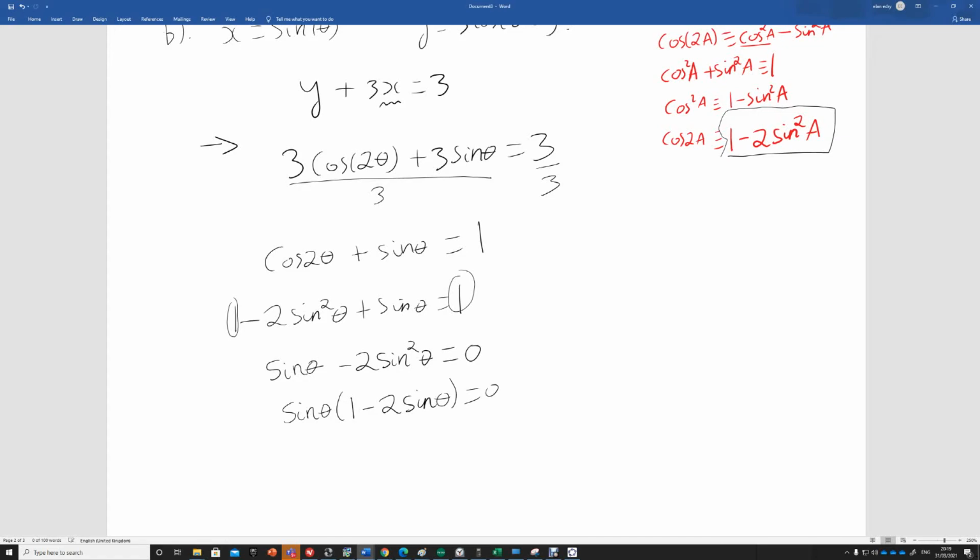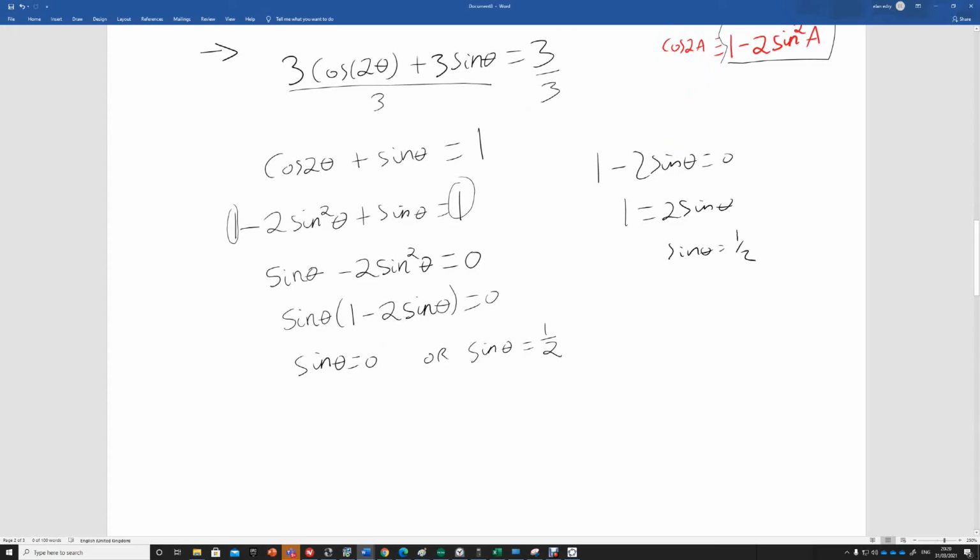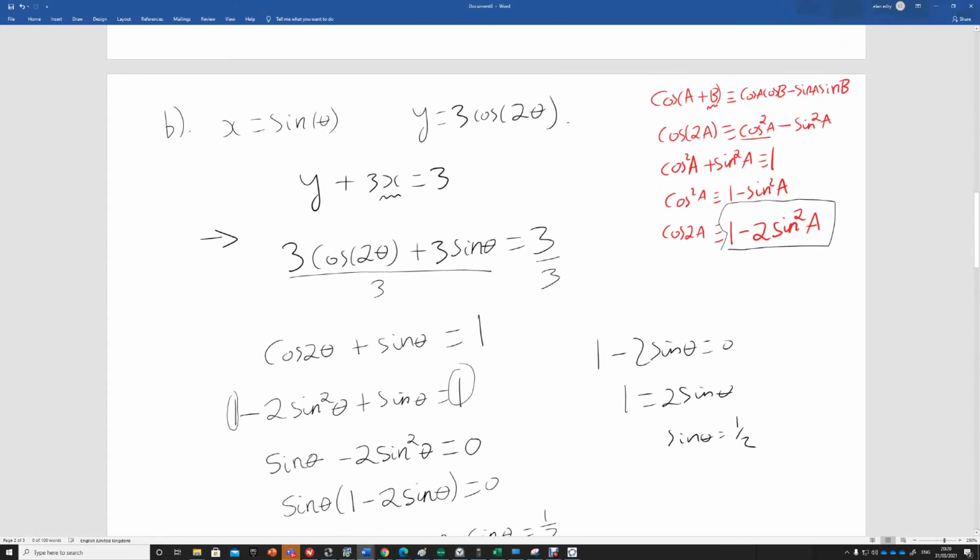So either sine theta is 0, or 1 minus 2 sine theta is 0, which means that sine theta would have to be a half. I've basically done this: 1 minus 2 sine theta is 0, add 2 sine theta to both sides, divide both sides by 2. Okay, so we have 2 possible values for sine theta.